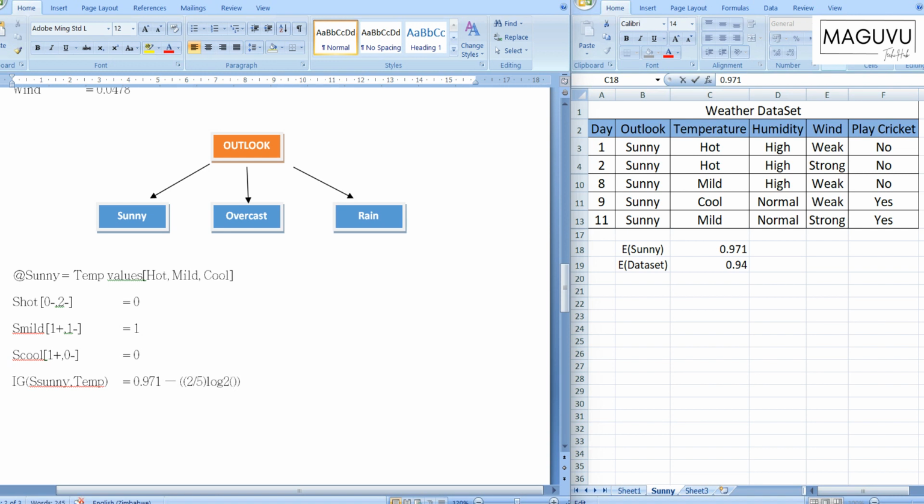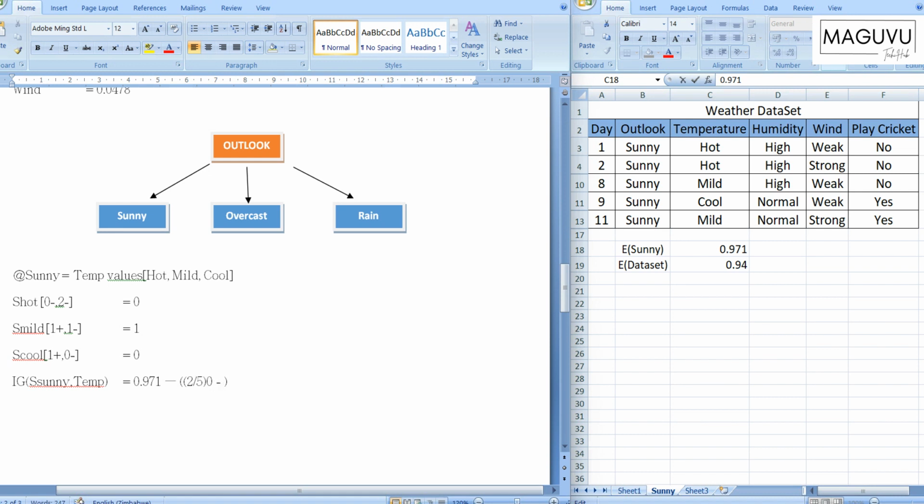And then we do 2 divided by 5, and we are then multiplying that by the entropy, which is 0, right?